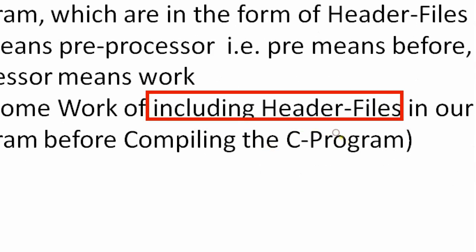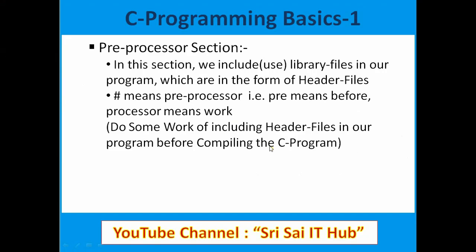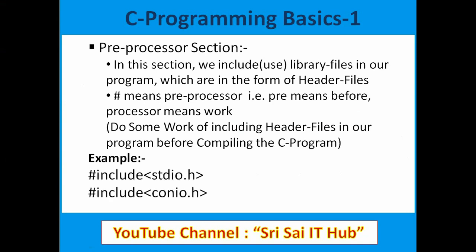Header files are included in our program using #include, for example #include <stdio.h>, #include <conio.h>, #include <math.h>. Including the library files which are required in our program is done with hash, so hash is called the preprocessor: before compiling, do some work.